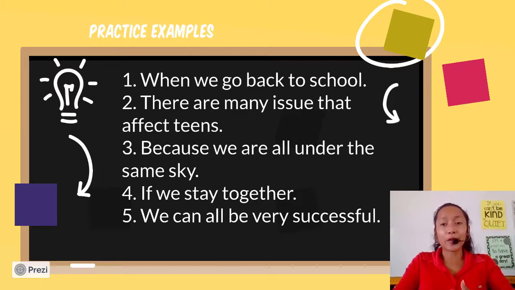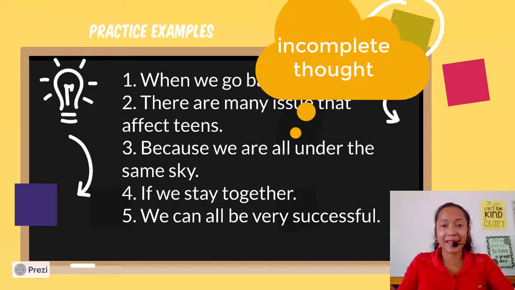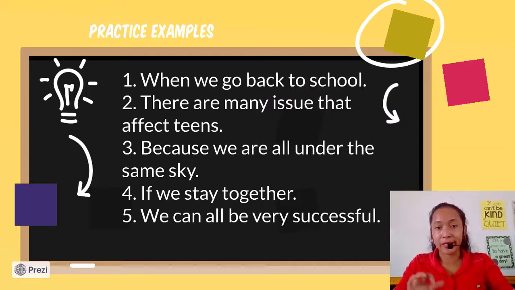It says, because we are all under the same sky. There is a subject we, there is a verb are. Does it complete the thought? No, right? It says because we are all under the same sky. What about it, right? It leaves you in thought as well.